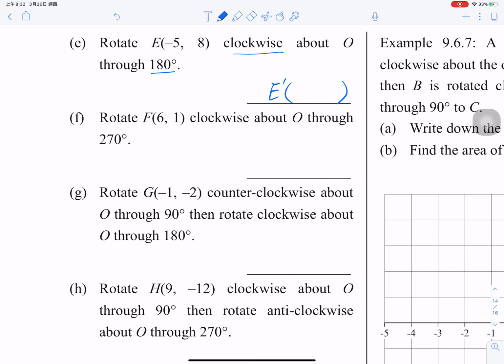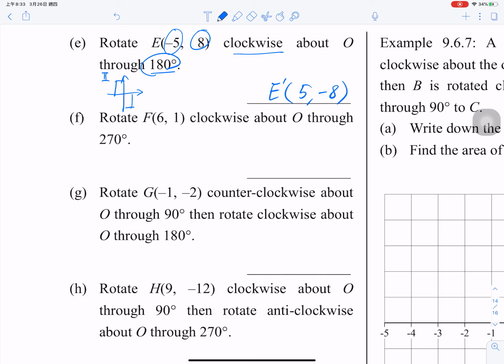Clockwise, 180 degrees. If you see 180 degrees, that's good, because the signs of the two values just change, and that is the answer. Remember? Maybe you can draw it by yourself. -5, 8 is quadrant 2. -5, 8 here, and it becomes here.